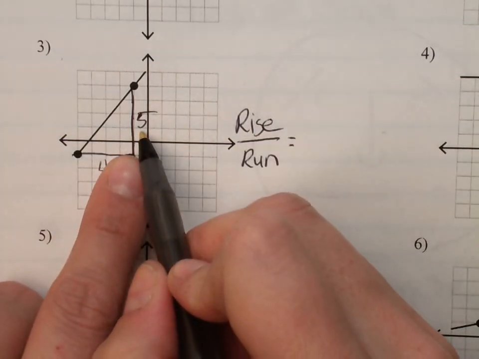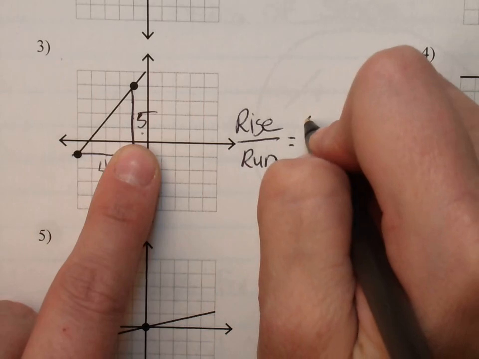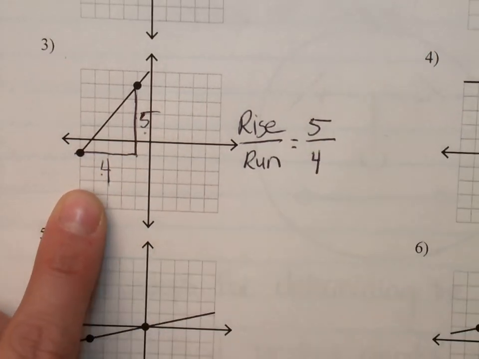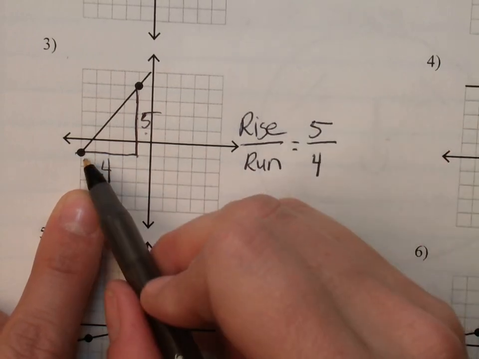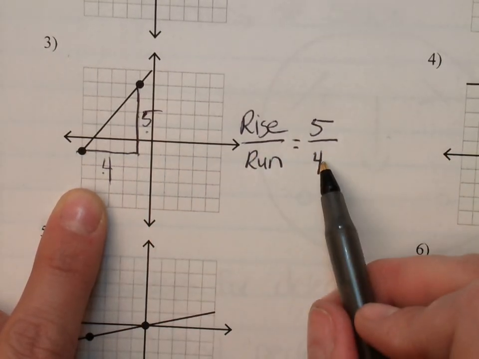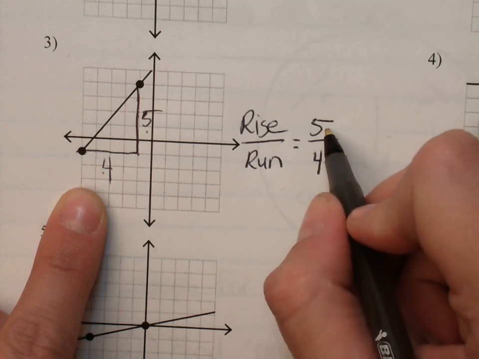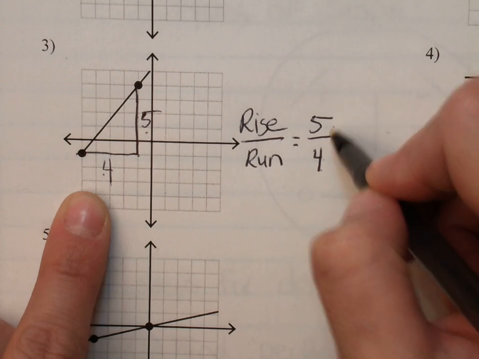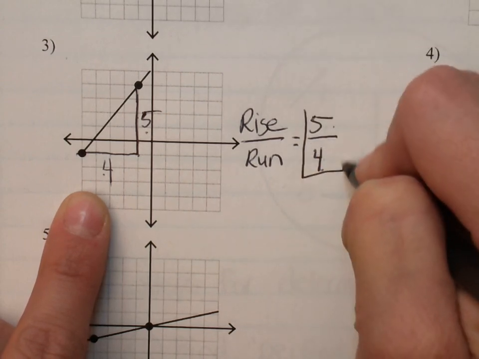My rise is 5. Rise is going up or down. And your run is 4, which is going left or right. My line is increasing, so it's going to remain positive. And we're going to keep it as 5 over 4. We don't want it to be a mixed number or a decimal, and 5 over 4 is as simplified as it can go.